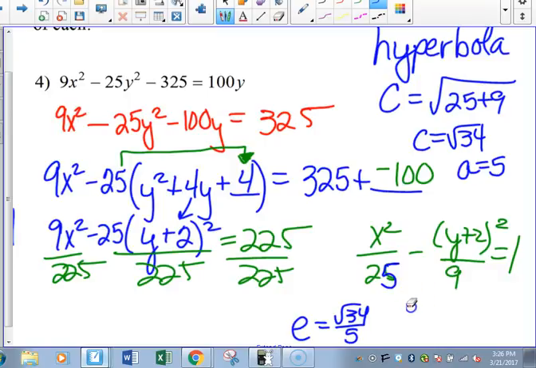It's under the positive term, yes. Because it's got a minus in here? Yep. No. If it's a minus, it's always a hyperbola. If it's a plus, it's an ellipse. Yes. Good question. Okay.